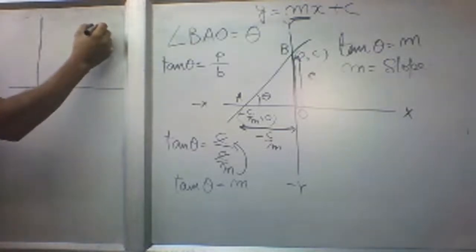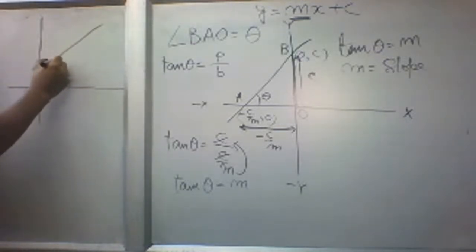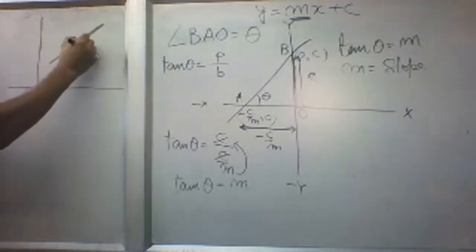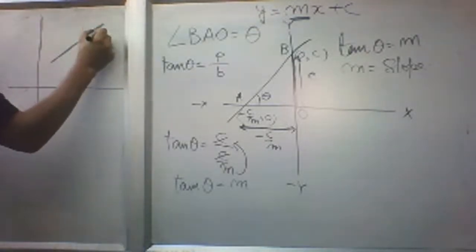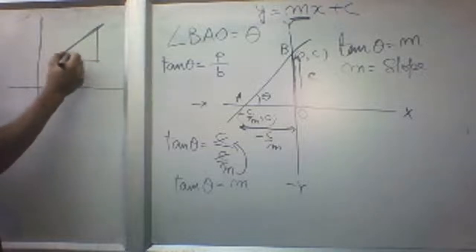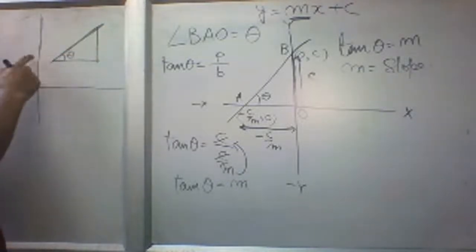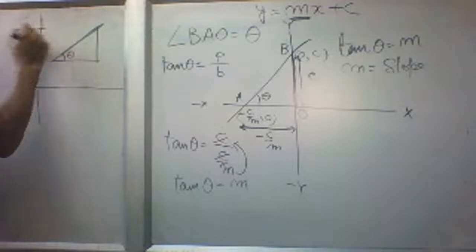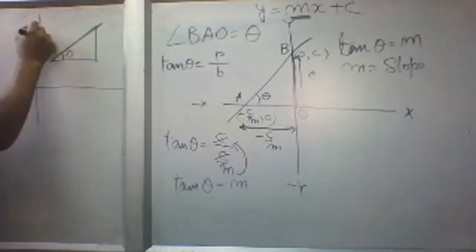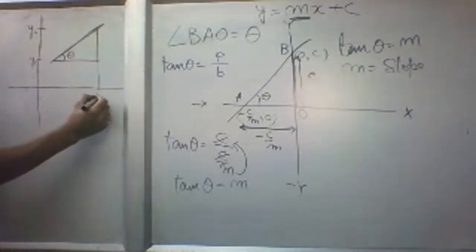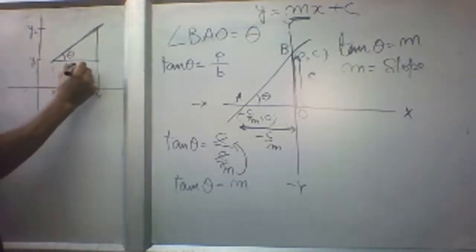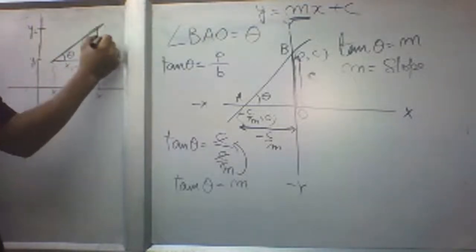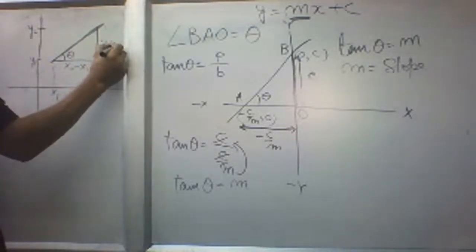This is a straight line, and from one point on it we drop down to make a triangle. This is theta. This is the first point of y, this is the second point of y, which means this is y1 and this is y2. This is x2 and this is the first point, x1. The distance between these two is x2 minus x1, and the distance between these two is y2 minus y1.